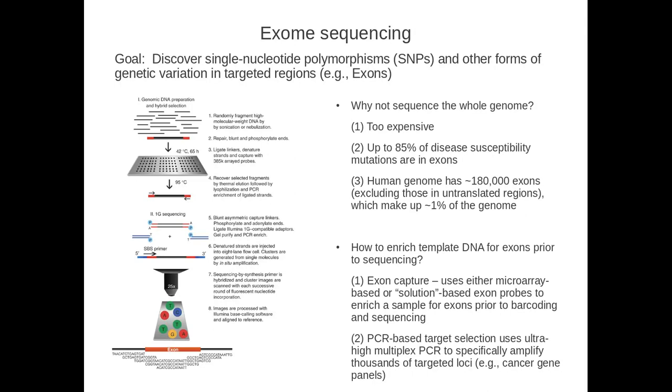One particular application here: you can order a set of primers that target exons known to have cancer-causing mutations, and then PCR using that set of primers and identify mutations that might cause susceptibility or risk for certain types of cancer.